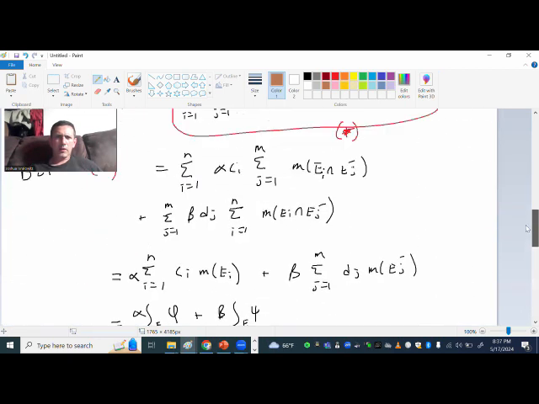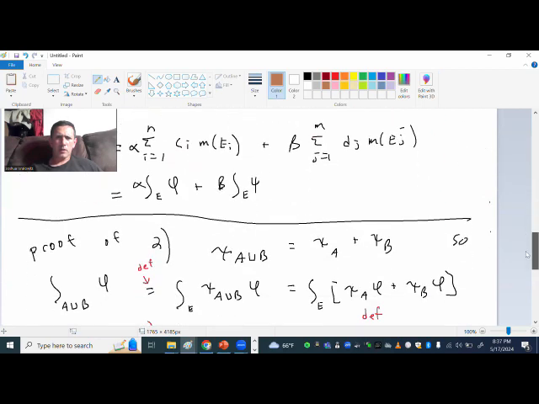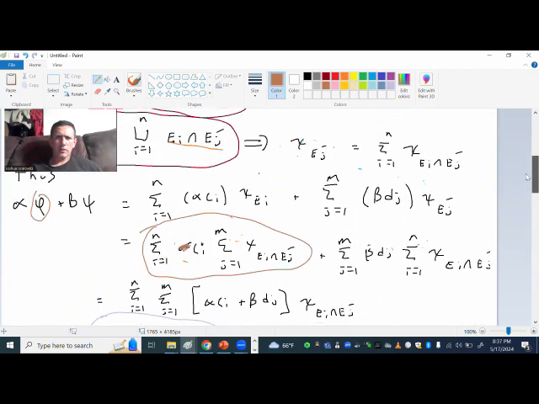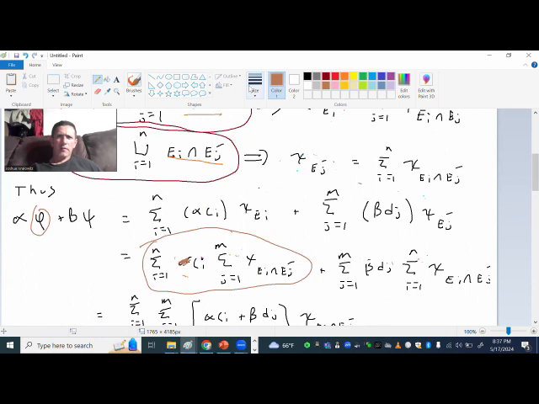And you can do the same thing for psi. So I'll do this in green.